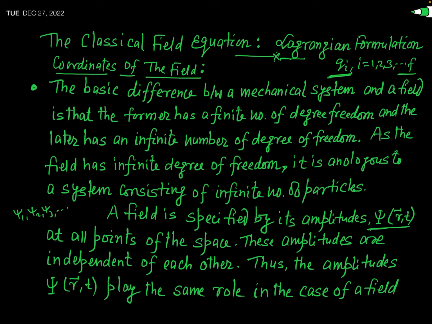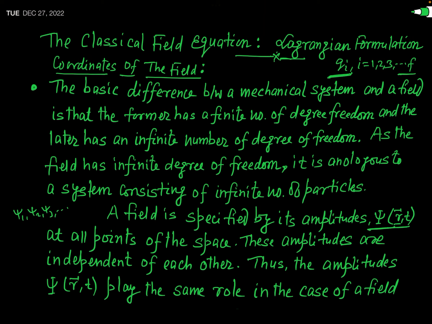In fact, here this quantity r is actually continuous. It has a continuous value, not a discrete value. So you can say that this amplitude psi of r, t, which is defined for all points of the space in case of a field, is just equivalent or just analogous to the generalized coordinates in case of a mechanical system.